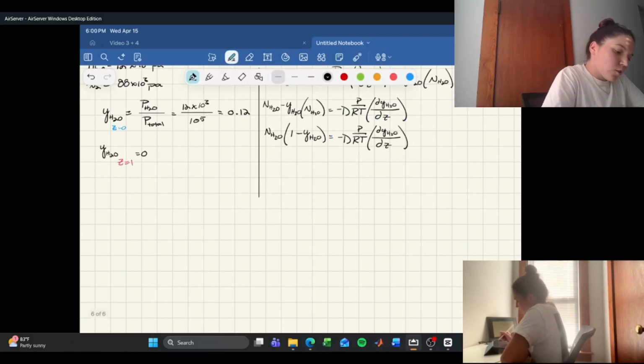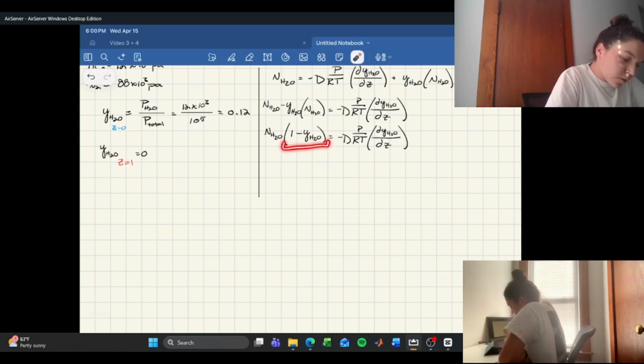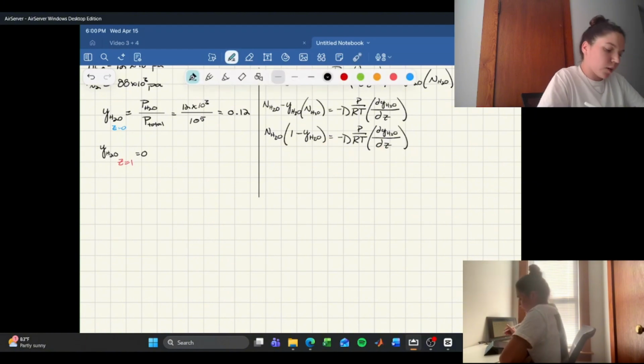So now we will divide by this term and then multiply the dz over. That way we can integrate.